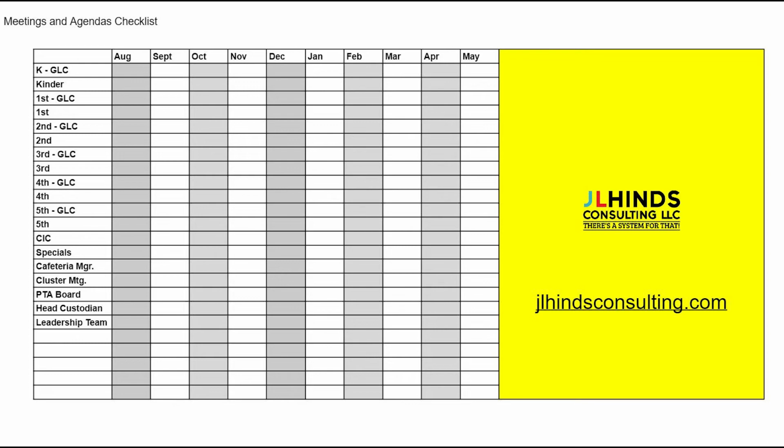to systemize your meetings. What I highly recommend you do is make an office staffing folder and a leadership team folder and keep that handy. And so you're just throwing stuff in there throughout the week, and then when you go to that meeting, you just grab your folder. Meeting and agenda templates.